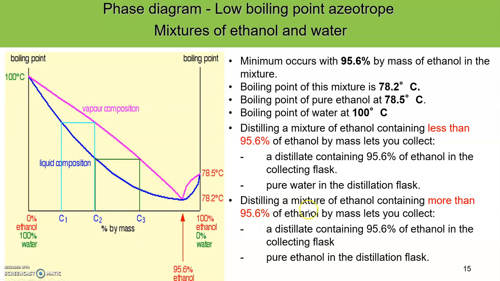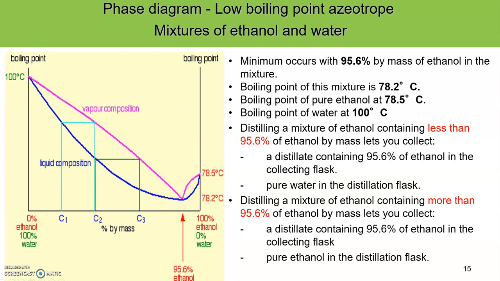While for distilling a mixture containing more, when we talk about more, it should be here, more than 95.6% of ethanol by mass lets us collect a distillate containing 95.6% of ethanol in the collecting flask and pure ethanol in the distillation flask.